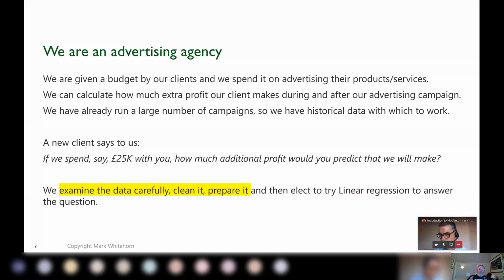I've also put in there the words clean it and prepare it. Four little words, tiny words, huge amount of work very often. Those of you who have worked with data a lot will groan with the pain of trying to clean the data that you're provided with. If you've never had to clean data, I want to work for your company because I've never come across a company that provides clean data.